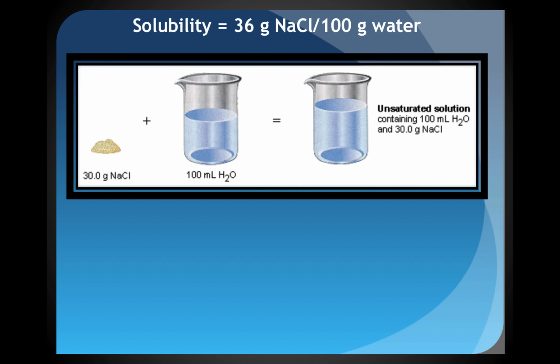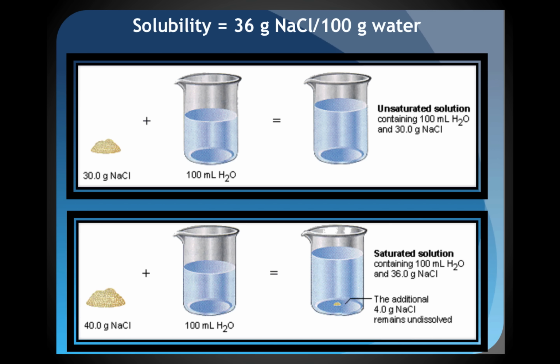Doesn't it make sense that all 30 grams will dissolve? This is an unsaturated solution. It contains less than the maximum amount of solute dissolved. Can you tell me how many more grams can dissolve in this system? You're correct if you say 6 more grams can dissolve.